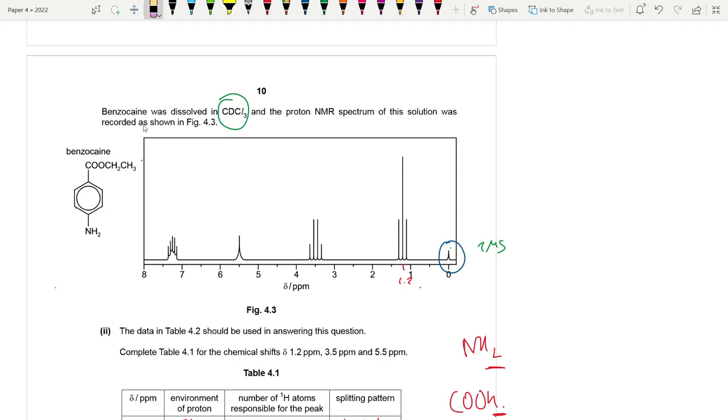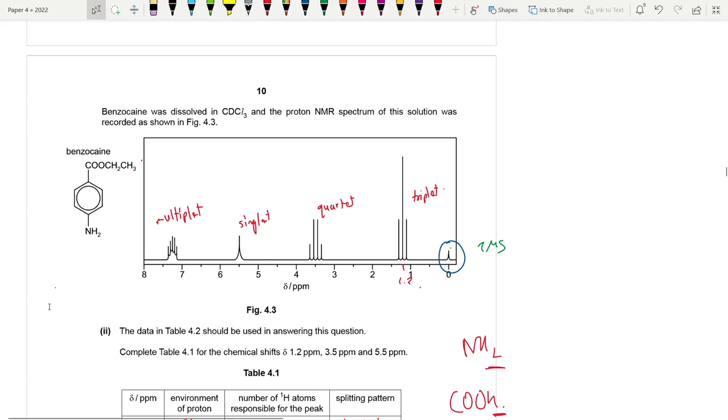Let's figure out the splitting patterns first. This is clearly a multiplet. This is clearly a singlet. This is clearly a quartet. And this is a triplet. The TMS peak will always be a singlet, by the way.